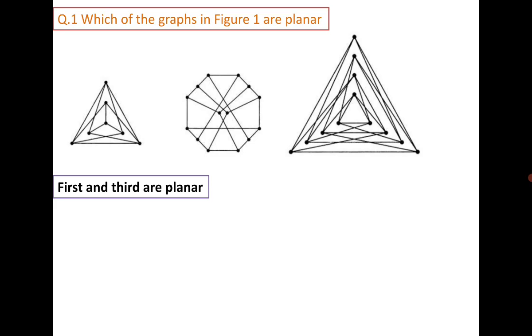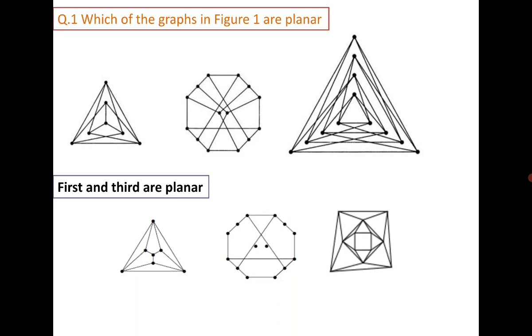So the first and third graphs are planar, their planar drawing is as follows, and the middle one is not planar, so you can see that it has a subgraph. If you delete the required edges, so these edges are deleted, which is clearly visible, then you can see that it has a subdivision of K33.